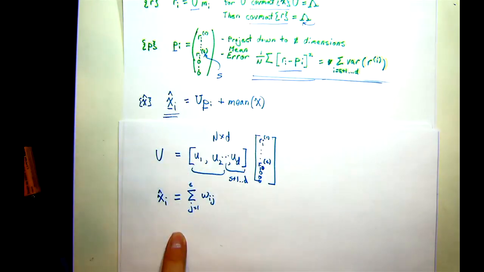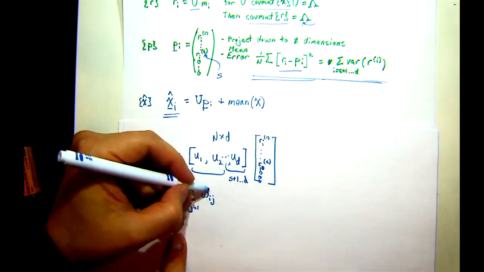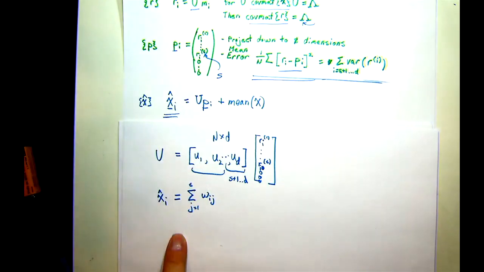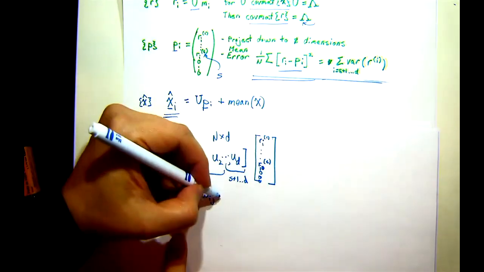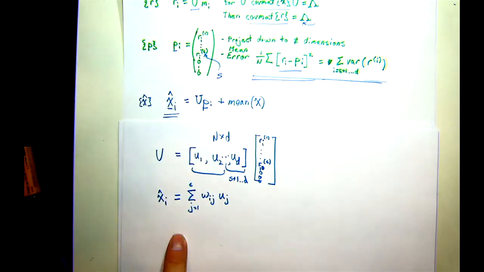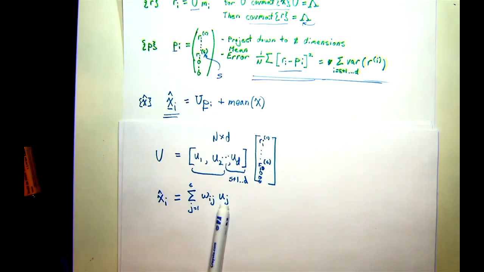I apologize that we changed nomenclature here a little bit. Instead of putting the j up here for component, we write it down there for some reason. That's times the eigenvector, the principal component that we're adding. So this is just what I was saying earlier. We take all the principal components and then we add them all together with a weight.